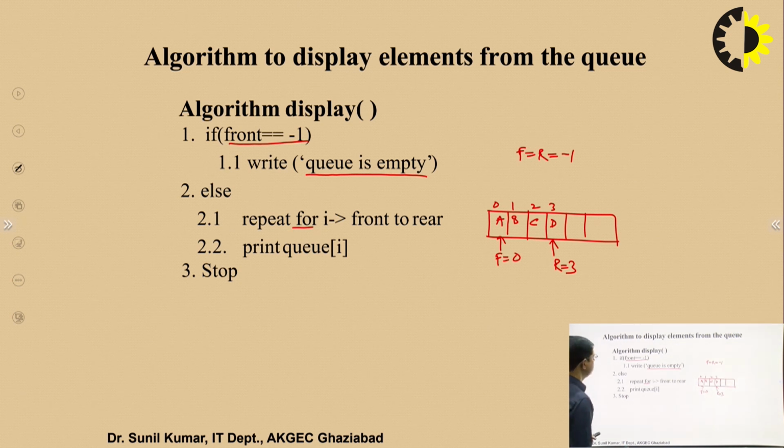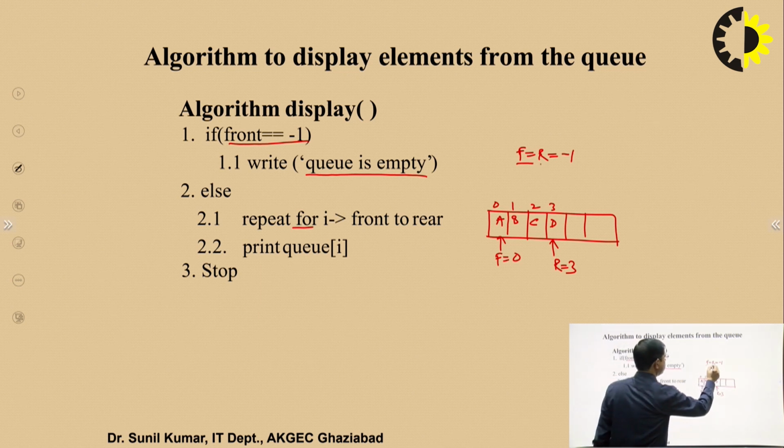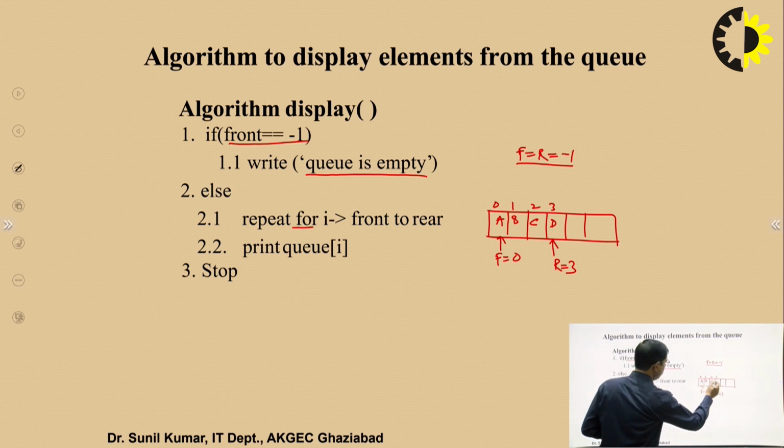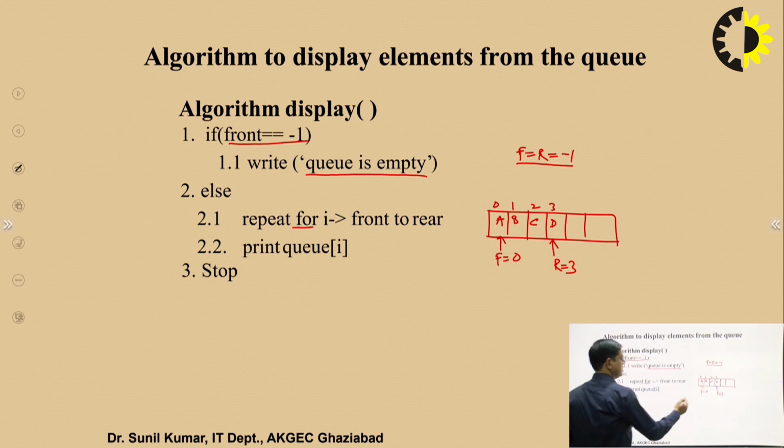If front equals -1, that means there is no element, and in that case we simply display the message that the queue is empty. Because there is no element, we cannot display anything. If this condition is not true, then we have to display all the elements.